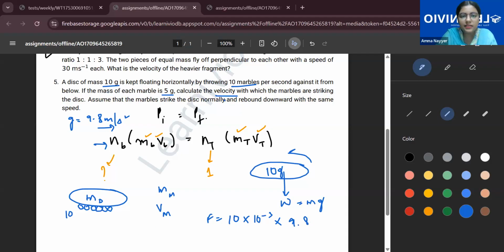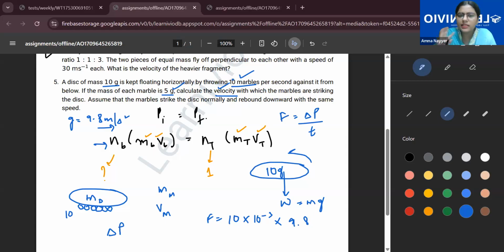Now, using the marbles concept, you will calculate the impulse. Now we know force is equal to change in momentum by time. So momentum can be calculated as the number of marbles into the mass of the marbles into velocity. This velocity we'll just say as v.